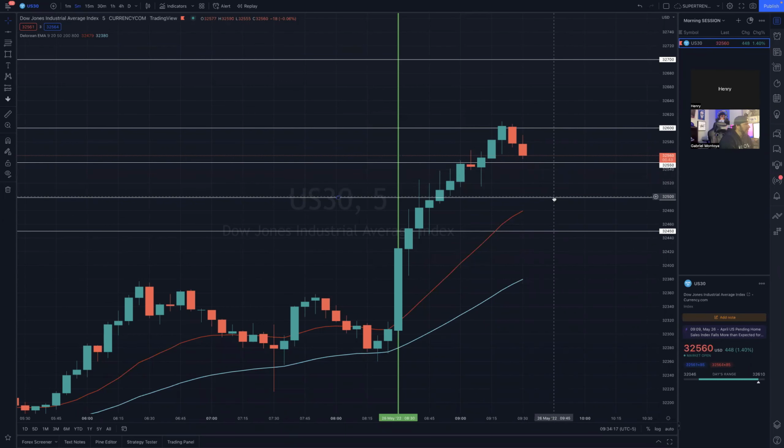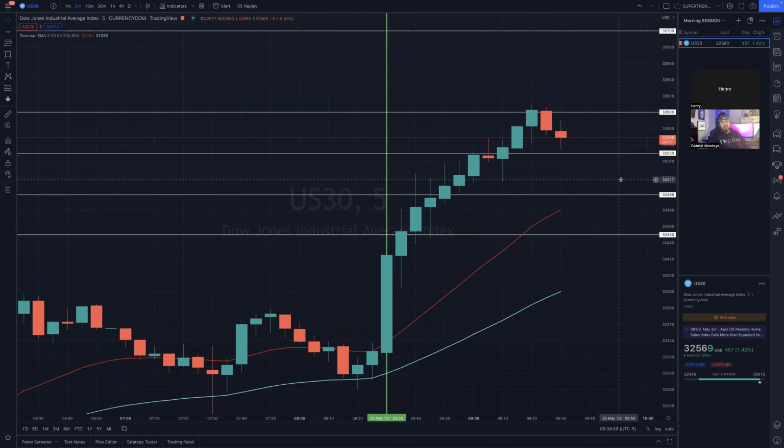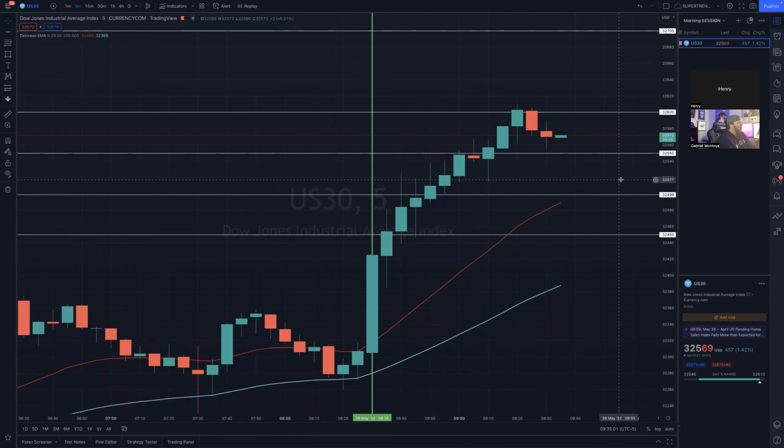And again, sometimes this takes longer than other times, guys. We just have to be patient. So again, let's look at this candle. We have similar wick to the top side, similar wick to the bottom side. And again, we have this indecisiveness.